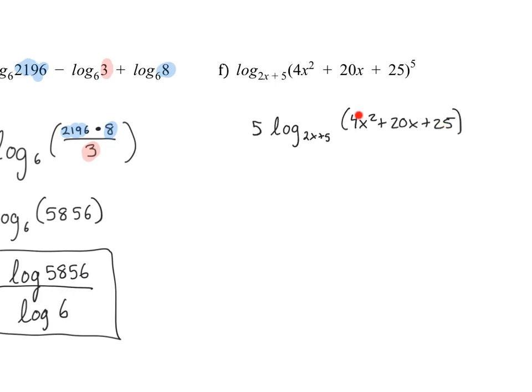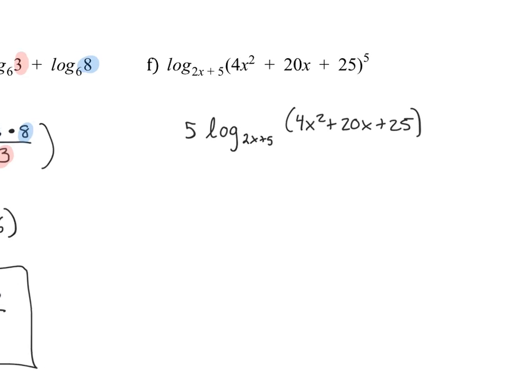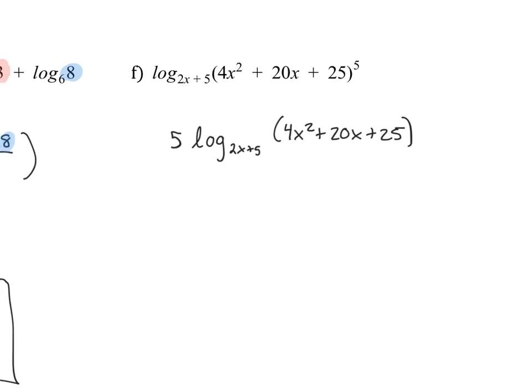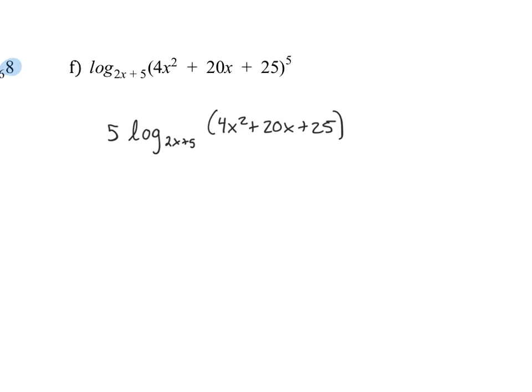All right, so here I'm looking and I'm saying, well, I wonder if I can actually simplify this a little bit, maybe by factoring. So if you actually factor 4x squared plus 20x plus 25, here's a good little review for us. I'll do that bottom up method that we used to do. Again, you can use whatever method you want.